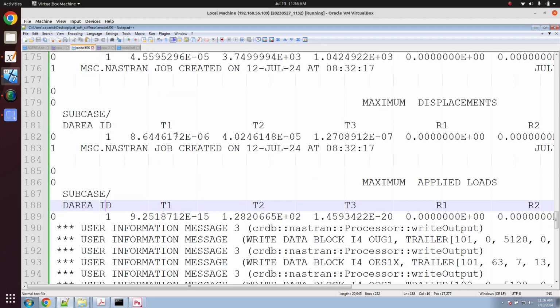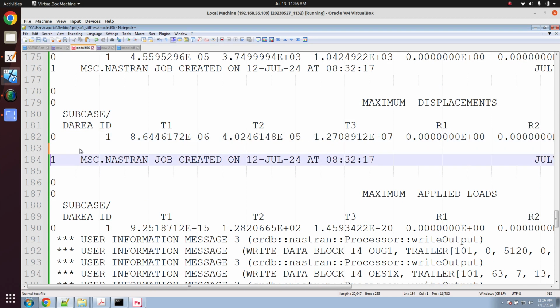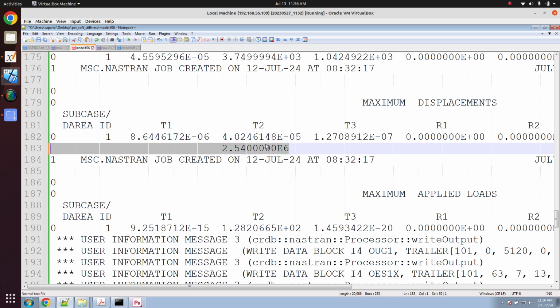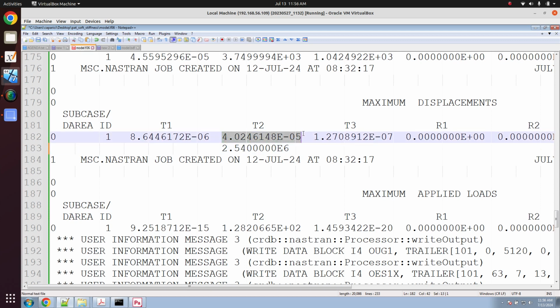And then if we look at our deflections, they're a lot smaller now. So if you recall a moment ago, I think it was 2.54 e to the, what was it before? Was it 6, I think? Right, I think it was 6. I think it was 2 times 10 to the 6 before, but now it's on the order of times 10 to -5. So that's more reasonable.